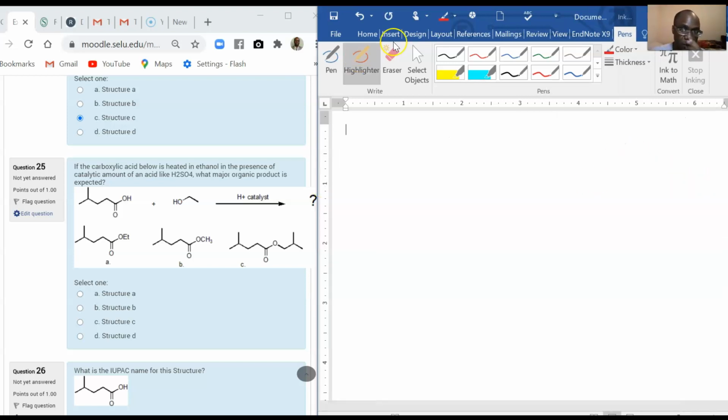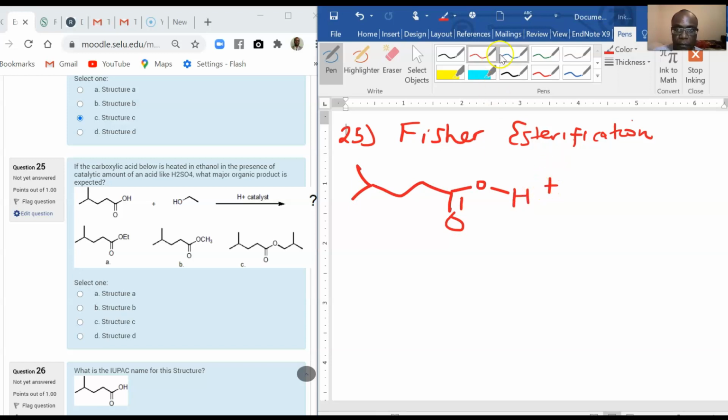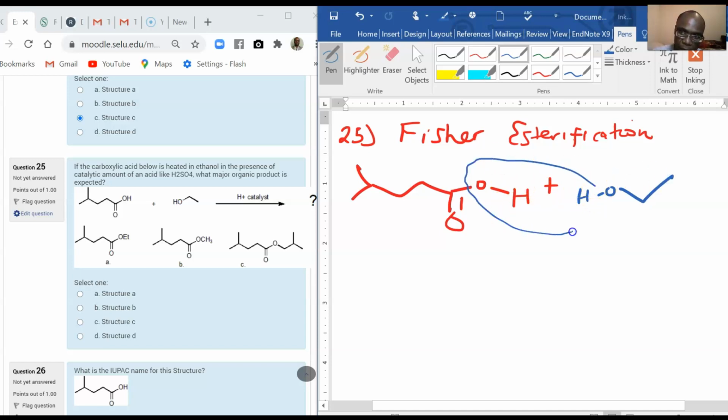So question 25 is referring to a reaction we called Fischer esterification. And I gave you the shortcut where water will be lost. So let's review that. That's your acid reacting with your alcohol. So the OH of the acid will fall off, the H of the alcohol will be lost. So this is lost as water.